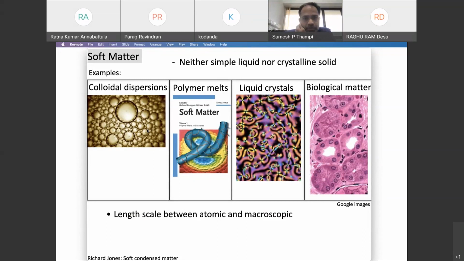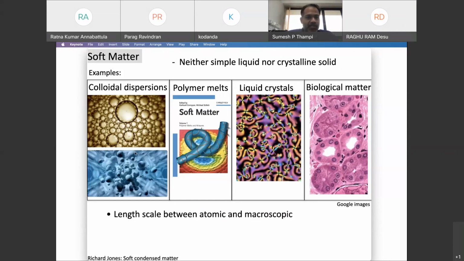So what is specific about this material? All of them essentially have microstructure associated with them. When I say microstructure, there is something that has a length scale which is between that of an atom and that of a macroscopic scale. Let's, for example, look at the first case where I talked about colloidal dispersions.